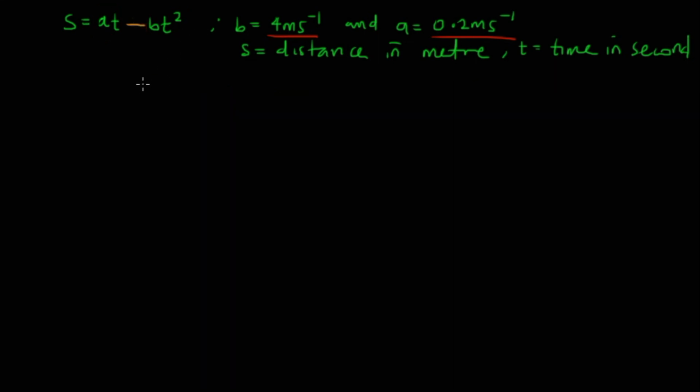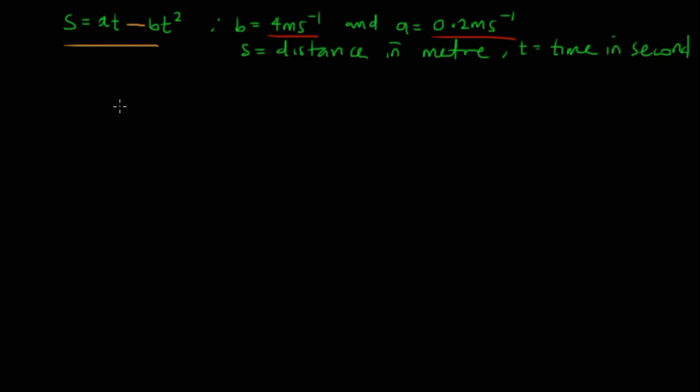So let's say the position of a particle is described by this equation, and then you want to find the time at which the particle is at rest. The time at which the particle is at rest is the time at which the instantaneous velocity of that particle is equal to 0.